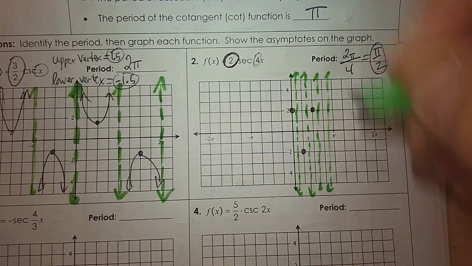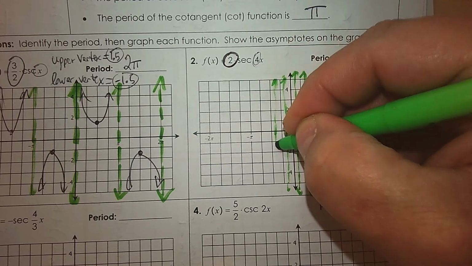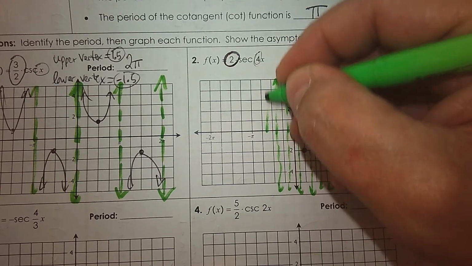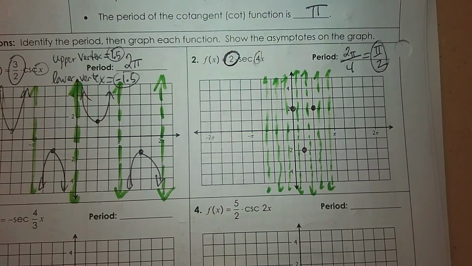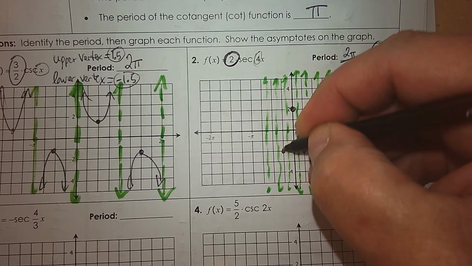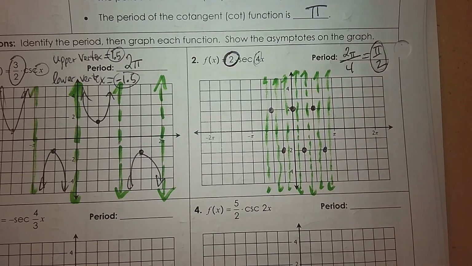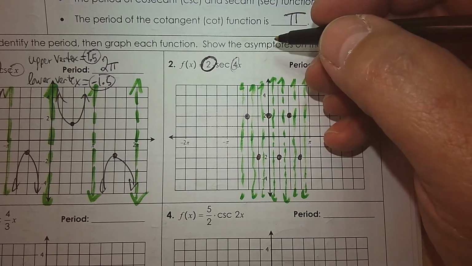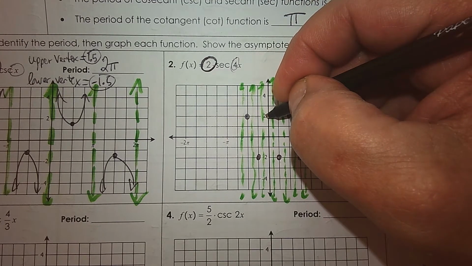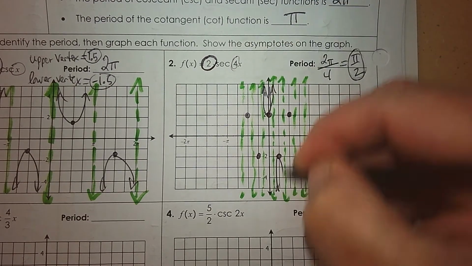I'm not going to go forever left and right. I'm just going to do part of the pattern. You get the idea. We don't need to do 10 of them. So I'm just going to end there. And note that the upper ones are skinny looking little parabolas going up and little ones going down.